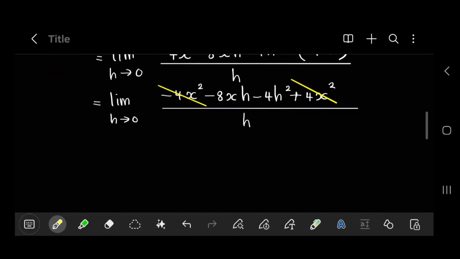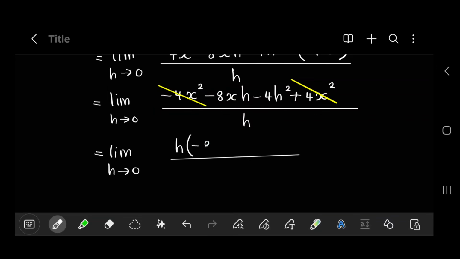They can cancel out with each other. Now what you notice is that from the terms that are left, you've got negative 8xh minus 4h squared. These terms have something in common with each other. They both contain h. Let's pull out h as a common factor.